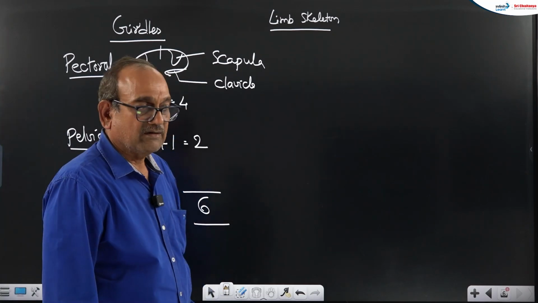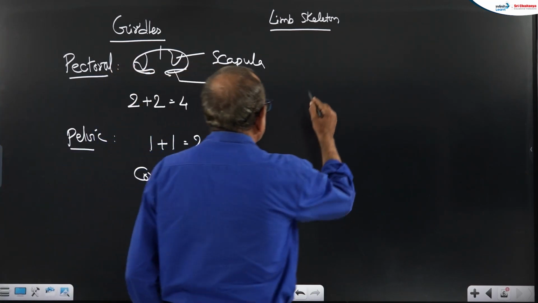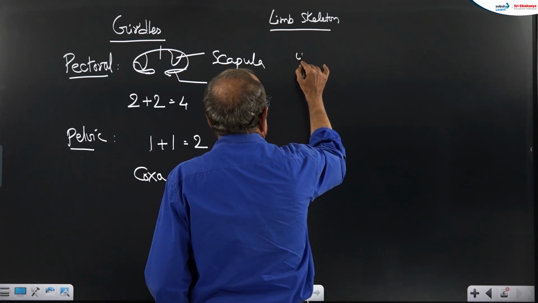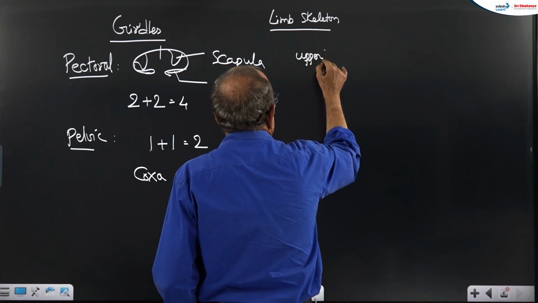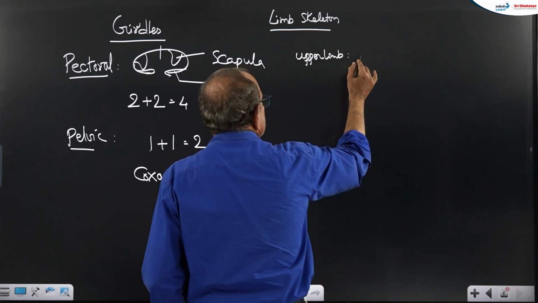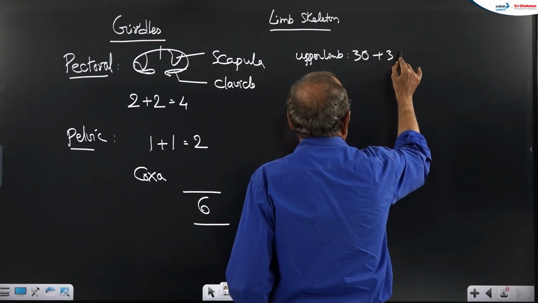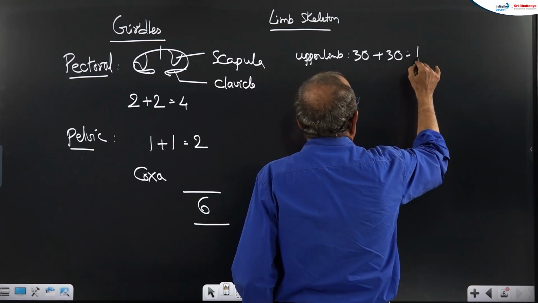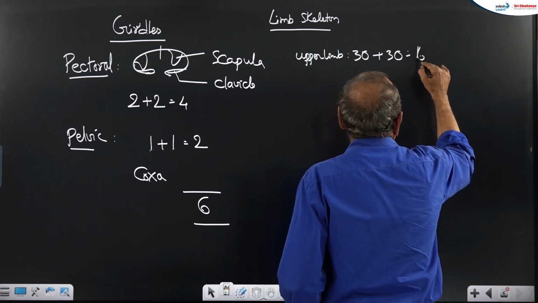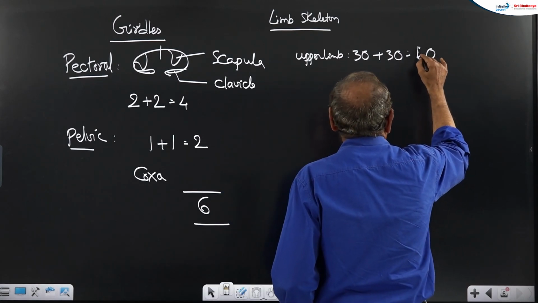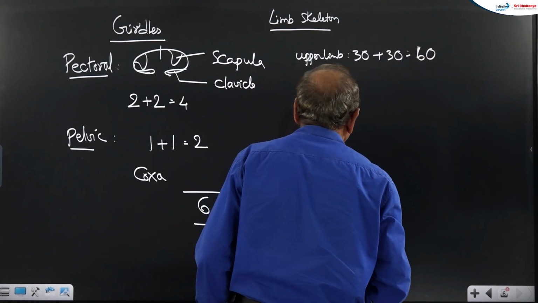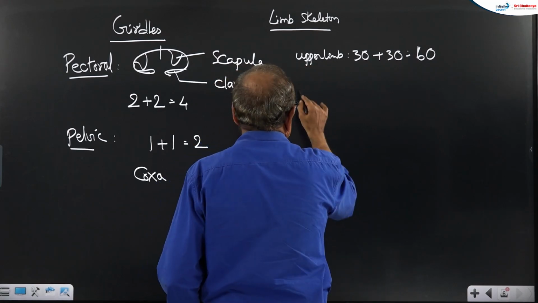Next, limb skeleton, upper limb skeleton. Each upper limb contains 30 bones. So 30 plus 30, 60 bones are there in the upper limbs. Upper limbs contain 60, lower limbs also contain 60.